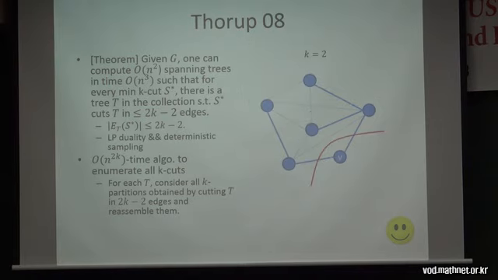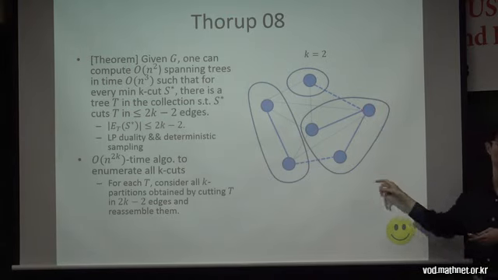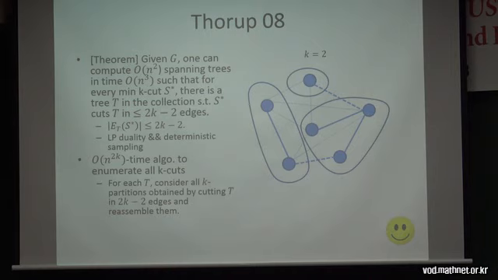For example, if this is our graph, and these thick edges indicate the tree edges. If we delete these 2 dashed edges, we get 3 connected components of the graph, and there are 3 ways to make 2 components out of these 3 connected components.